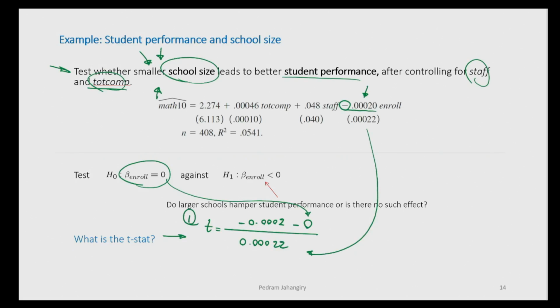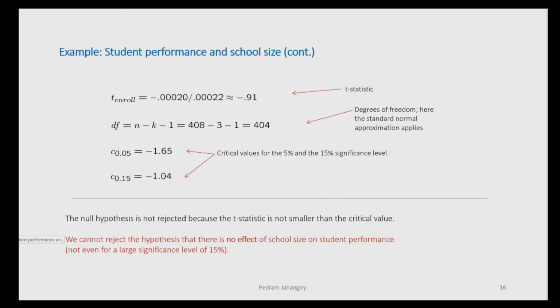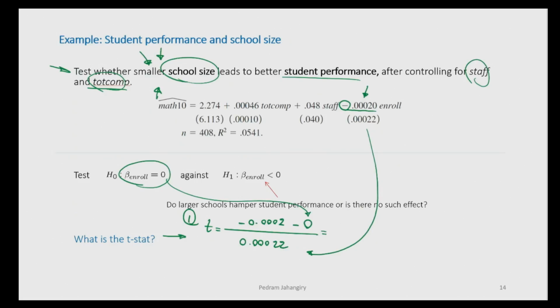So this is going to be my t-stat, okay? Actually, let me cheat a little bit and see what the answer is. The answer is going to be minus 0.9591. Okay, so here is minus 0.91.